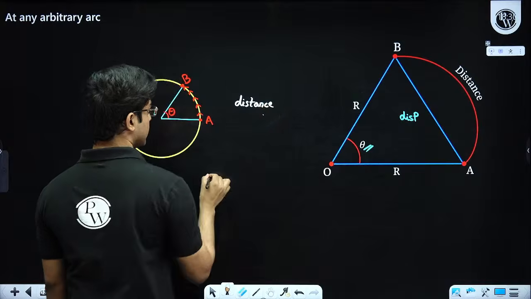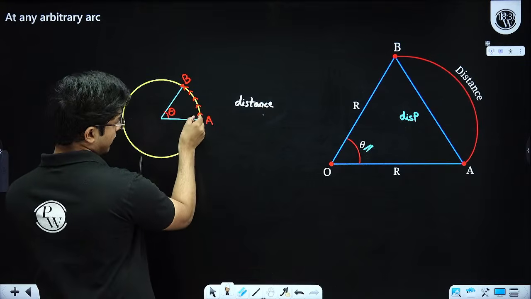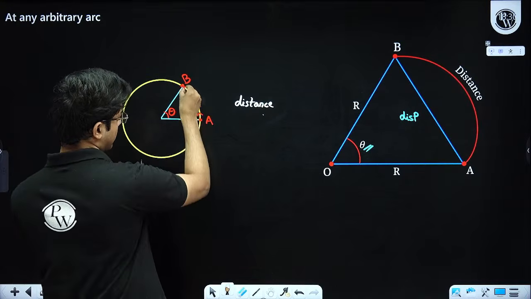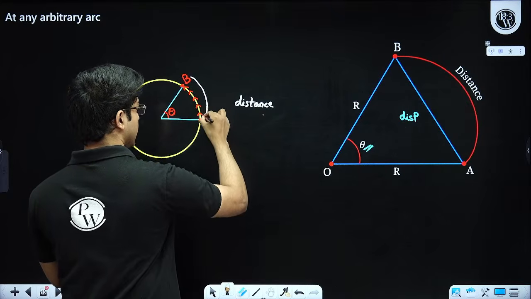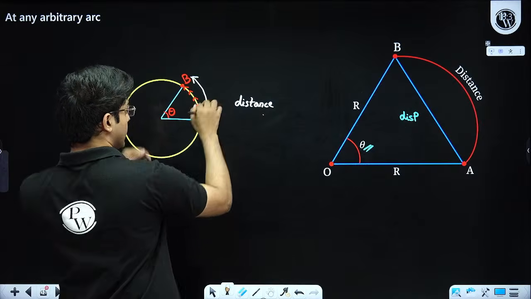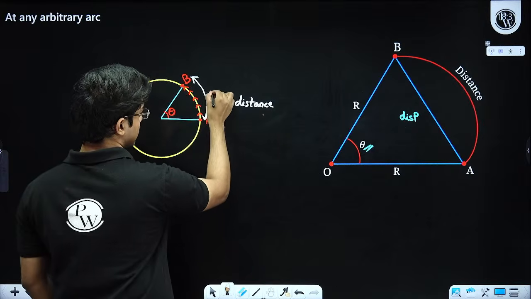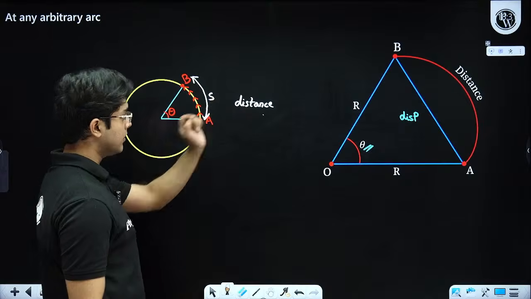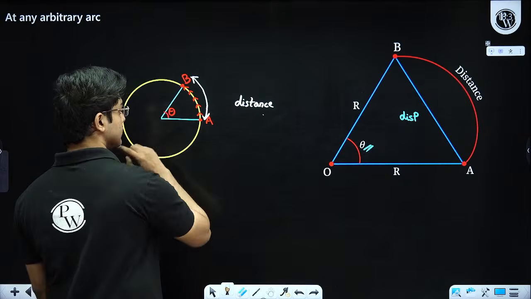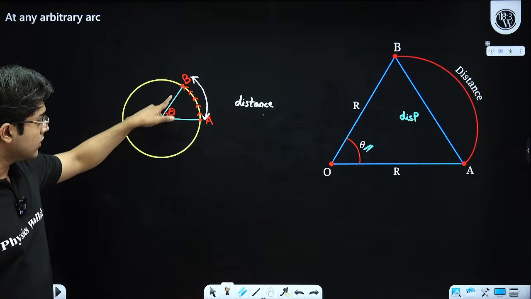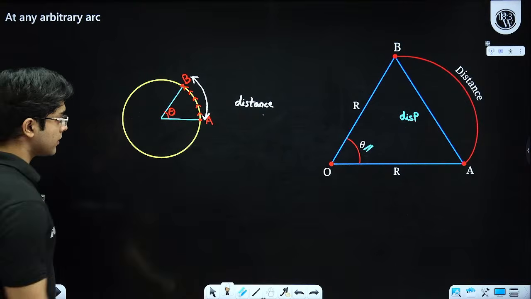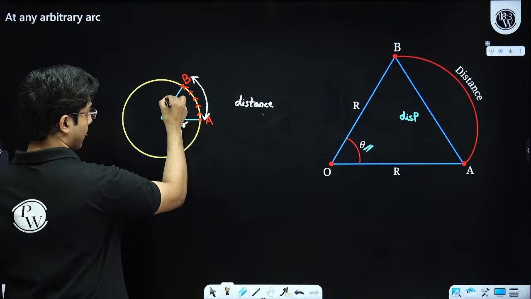Distance is always the path length, right? And here the path we are moving is along the arc of this circle, arc AB of the circle. So if I can get the length of this part, the arc of the circle, that will be my distance, right? So there is a relation relating arc length of a circle to the radius and this angle theta. Okay.